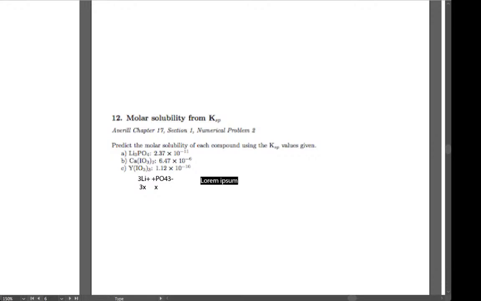So now I just need to transform this into 2.37 times 10 to the power of negative 11 equals lithium to the power of 3, that's 27x to the power of 4 because of the total. And so you just need to calculate the number and we should get the answer. So let's do that. 2.37 times 10 to the power of negative 11, there we go, I've written that down. Divide it by 27.